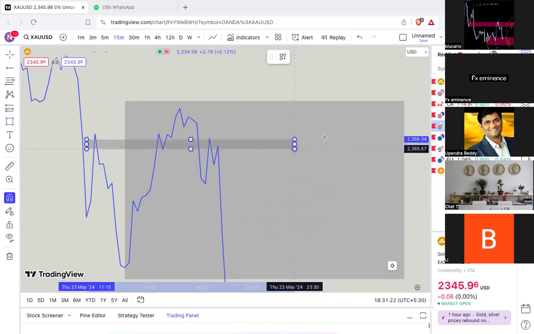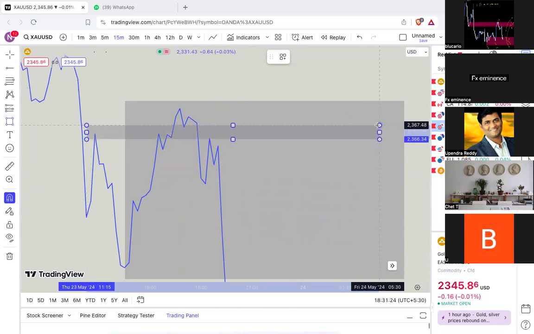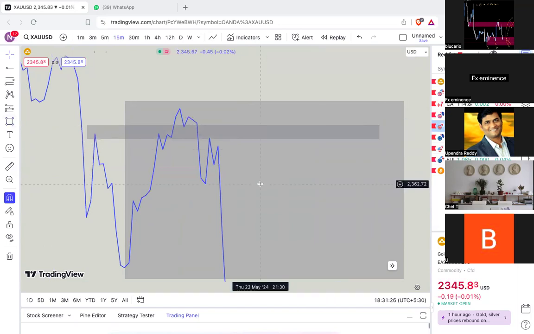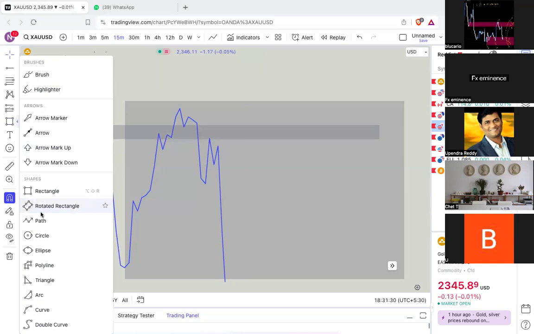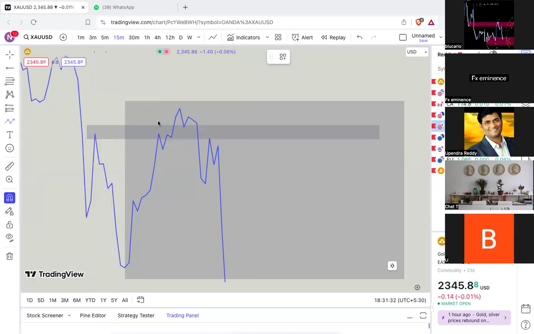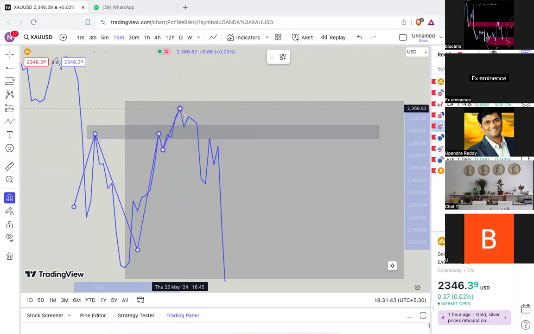Here I can find this imaginary box. Resistance, resistance, break. Now it acted as support and broke again.